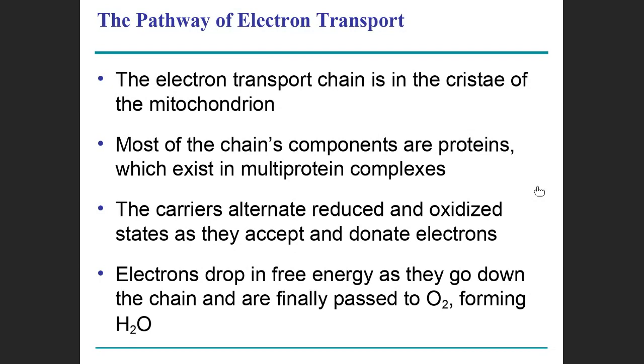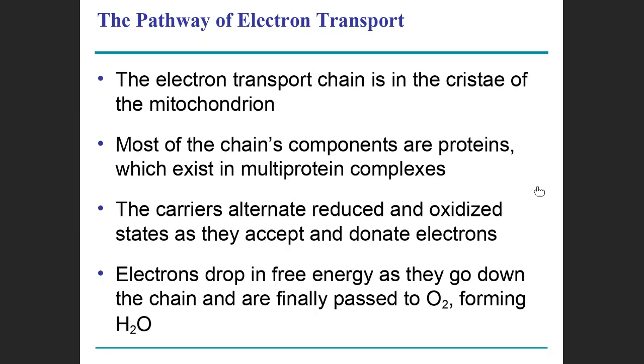So the transport chain is made up of proteins in multi-protein complexes, and the carriers alternate by being reduced and oxidized as they accept and donate the electrons. So, as I said before, oxidation, reduction, oxidation, reduction.